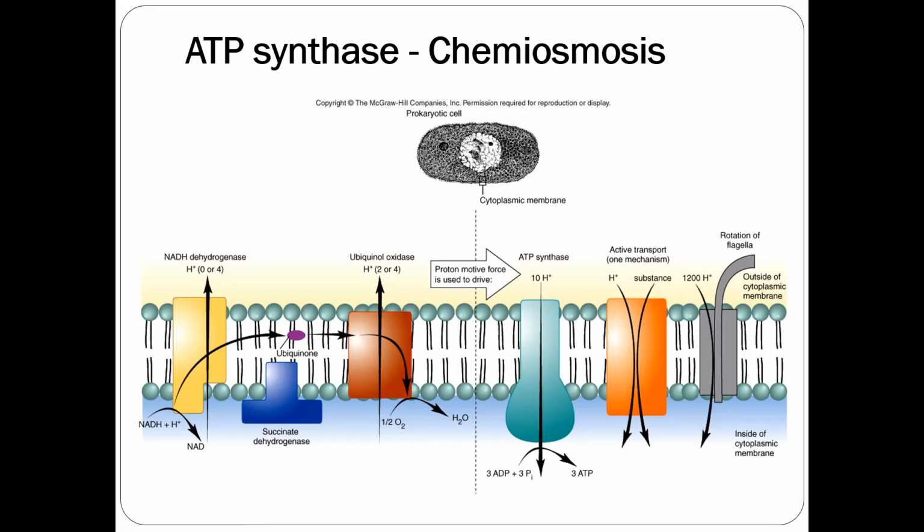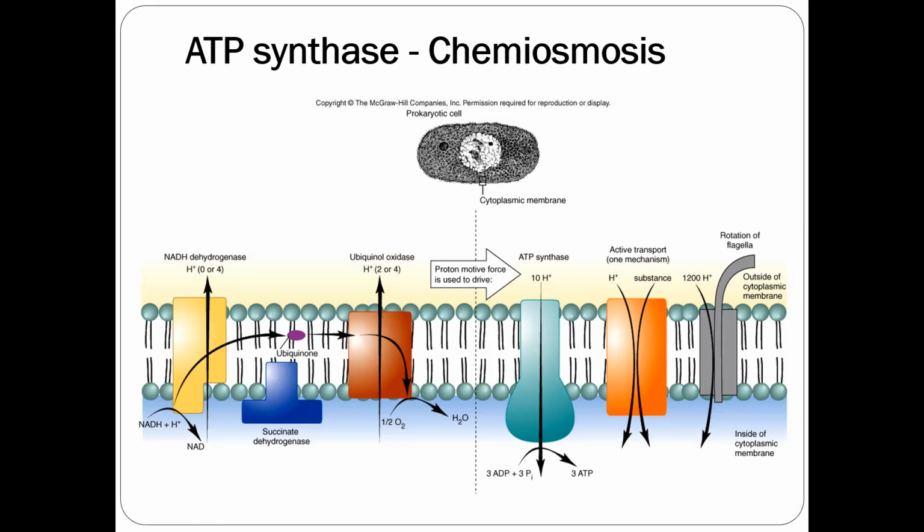How do they move? Through rotation of the flagella. That's real movement. So overall, there is accumulation of protons outside of the cell membrane, triggered by dehydrogenase, generating accumulated potential energy called the proton motive force, which then activates ATP synthase to generate ATP.